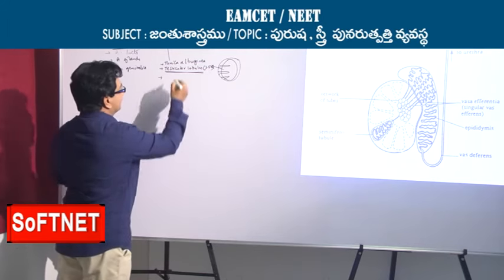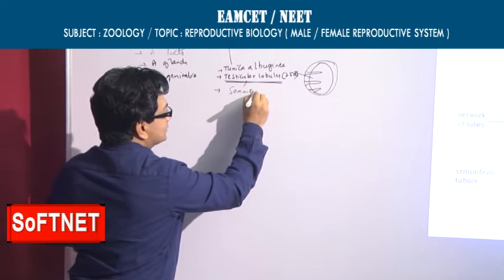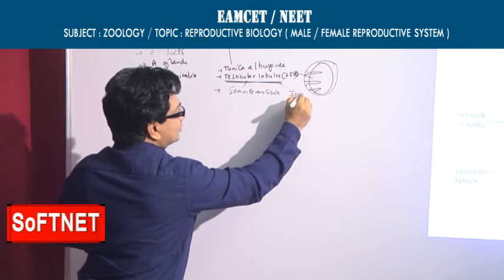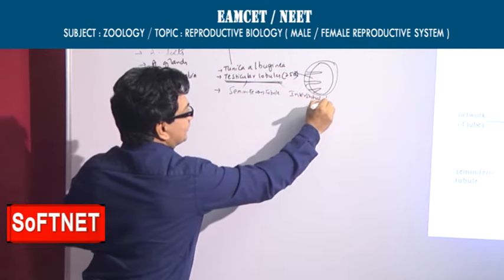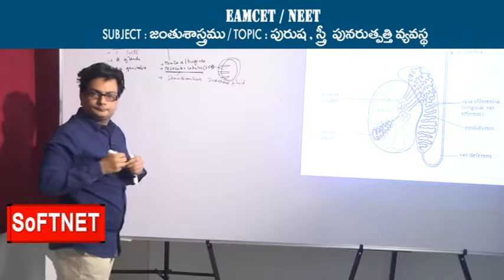In between the seminiferous tubules, the fluid is called the interstitial fluid.